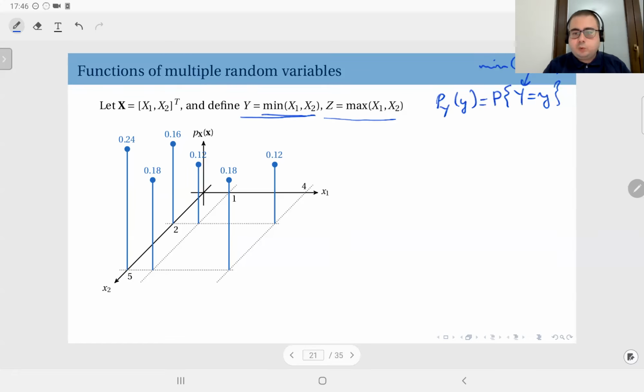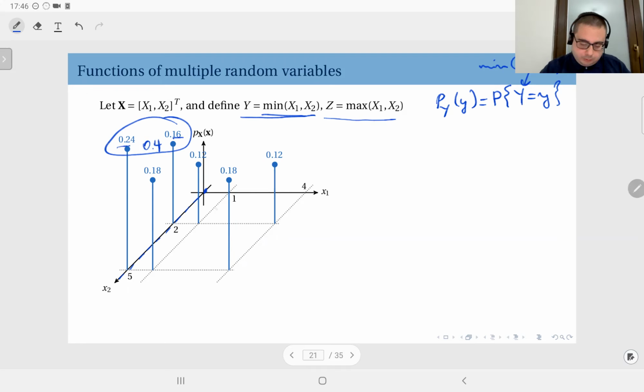Therefore, for x1, x2 pairs, I will just look at whichever is the smaller. So when x1 takes the value of 0 on this line here, since x2 is either 2 or 5, the smallest value will be 0. So with probability 0.4, the sum of this one and this one, y will take the value of 0.